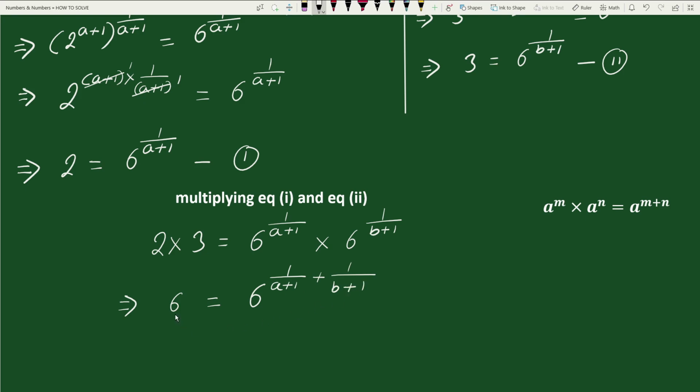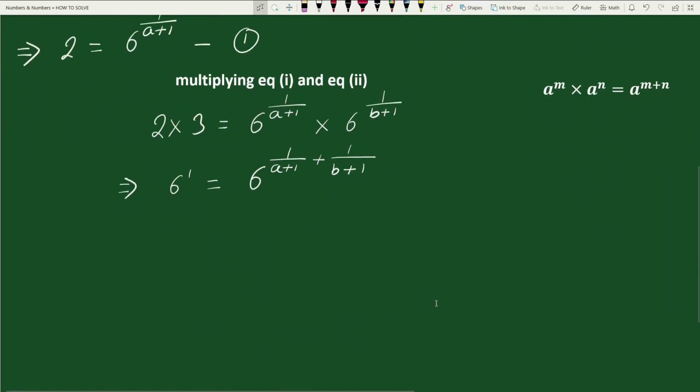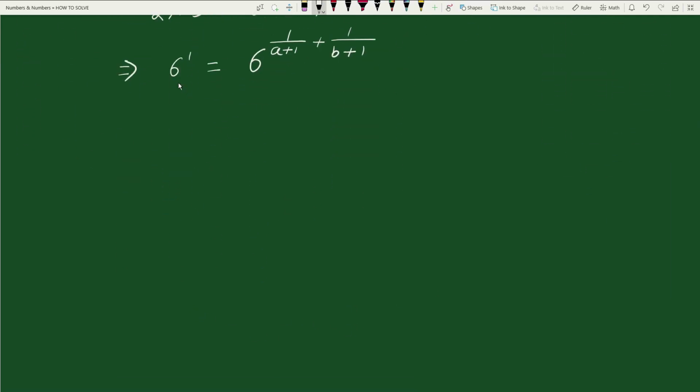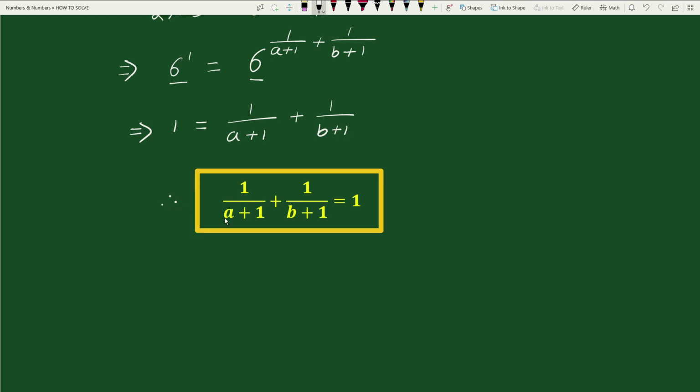Here 6 can be written as 6 to the power 1. Now since the bases are equal, therefore 1 equals 1/(a+1) + 1/(b+1). Therefore, 1/(a+1) + 1/(b+1) equals 1. This is our solution.